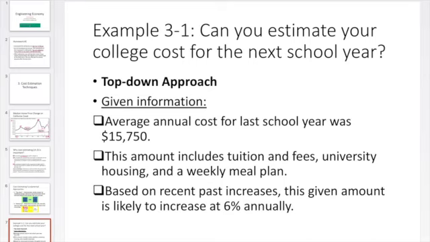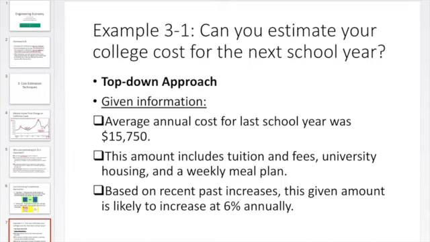It's 15,000. Well, to be more accurate, I may want to consider the inflation rate, right? So maybe it's a 1% inflation rate. So my budget for the next school year is going to be 15,000 times 1 plus that 1% inflation rate.